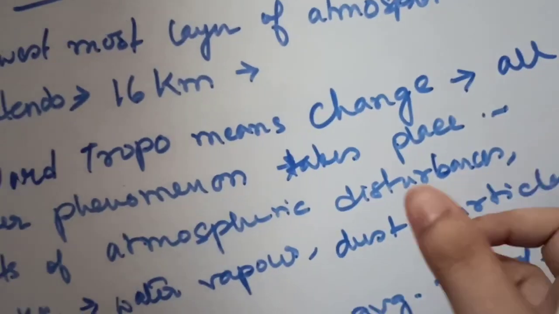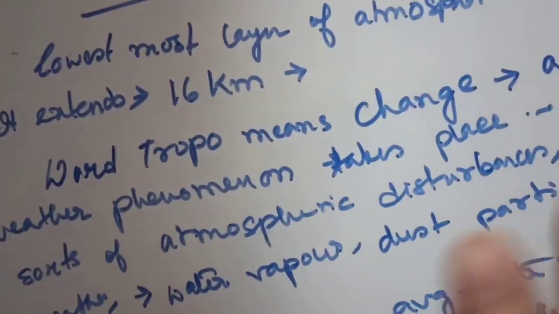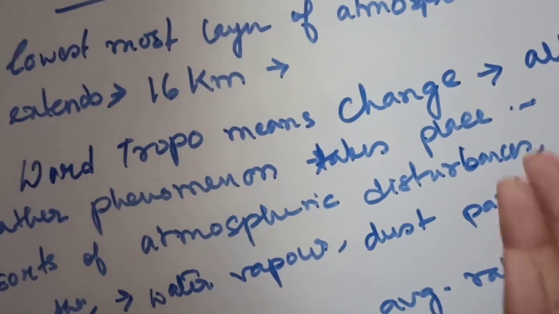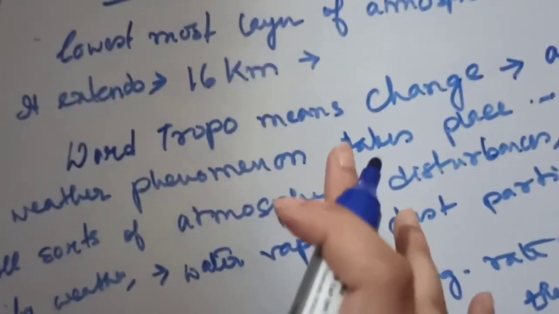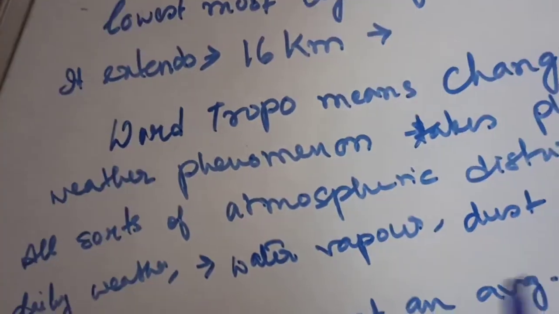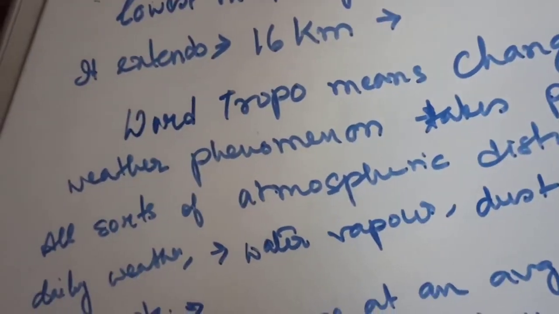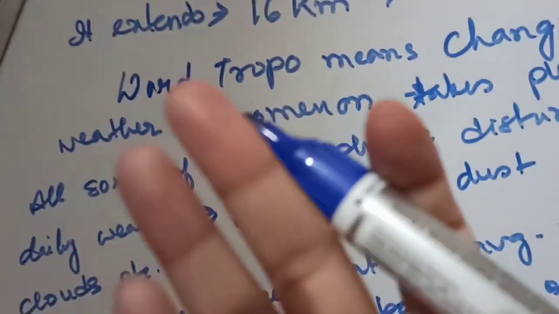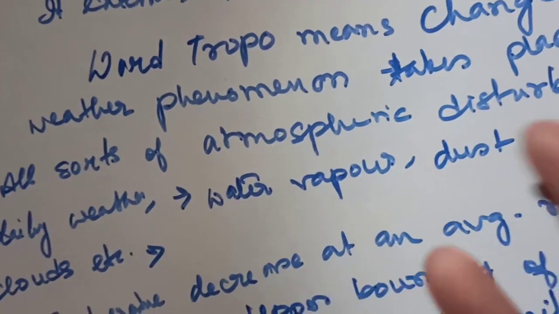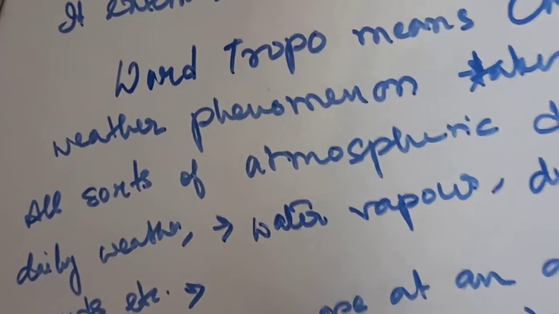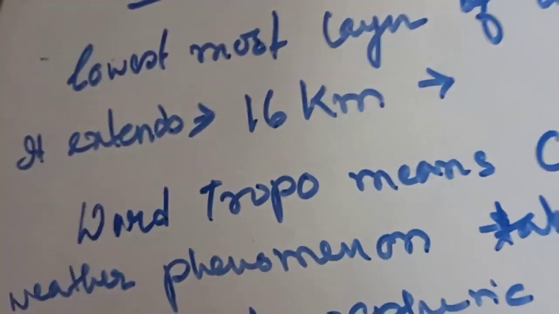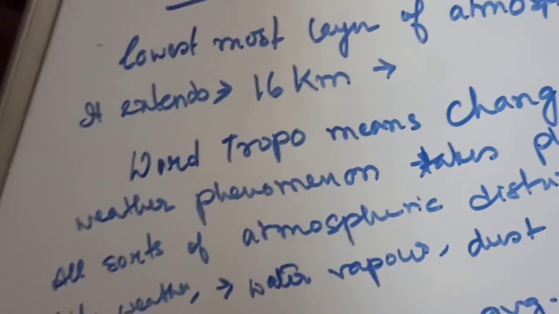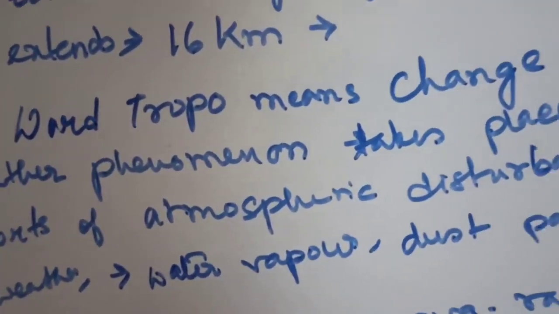In this troposphere layer, all the changes in the weather phenomena, and also the different types of weather phenomena, take place. These include atmospheric disturbances, the daily weather change, and the formation of different types of storms and storm clouds, which take place in this troposphere layer only.